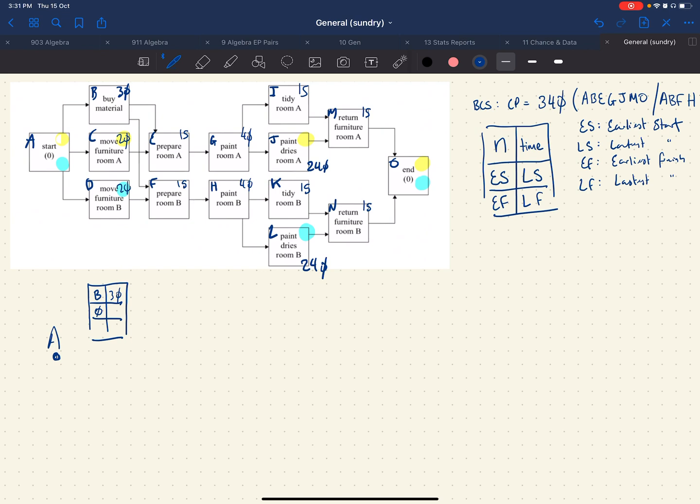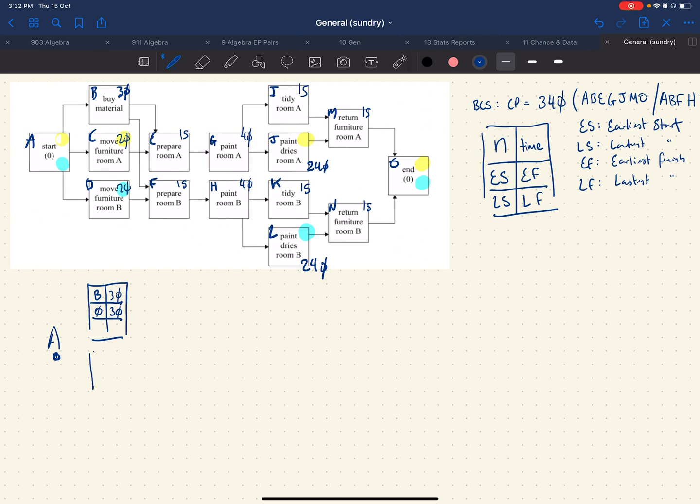If it starts at 0, the earliest it will finish... Oh, I've got those the wrong way around. Hang on. That's the earliest finish and the latest start. Okay. So back down here, the latest it will finish is 30. Now we're not going to fill in the bottom two until we've done the whole chart.